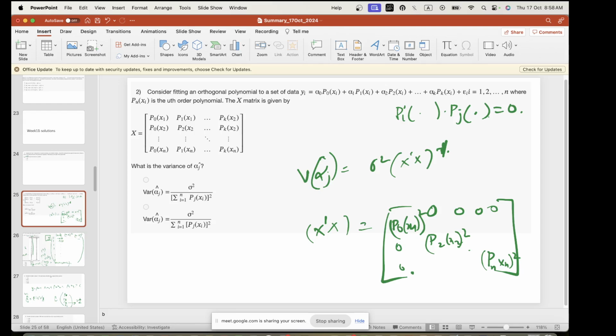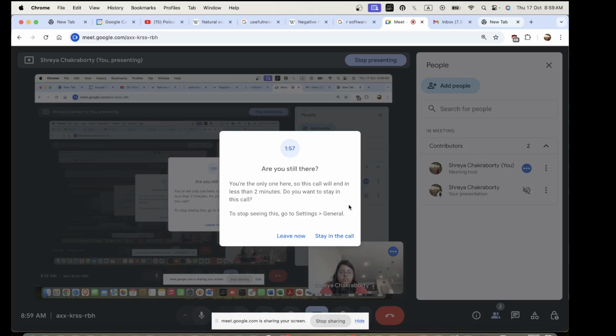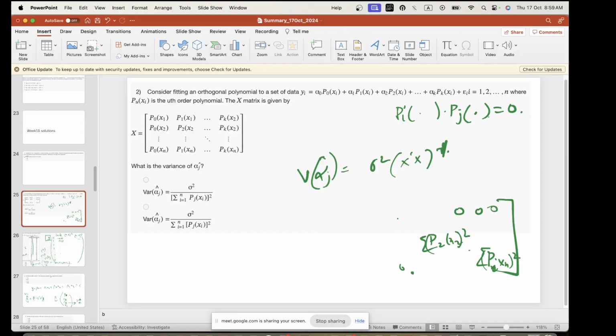Or in other words, this would be summation p_i. All right, so if I just solve it, then I think it will be more clear.